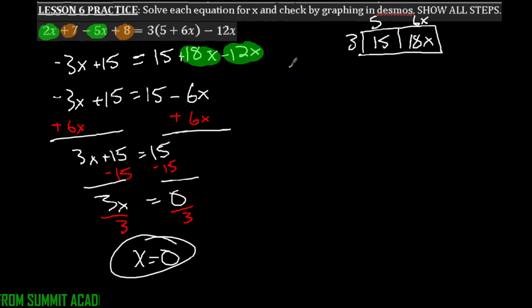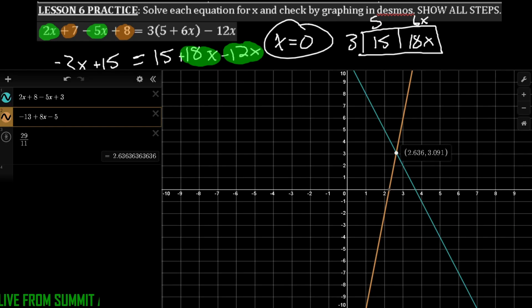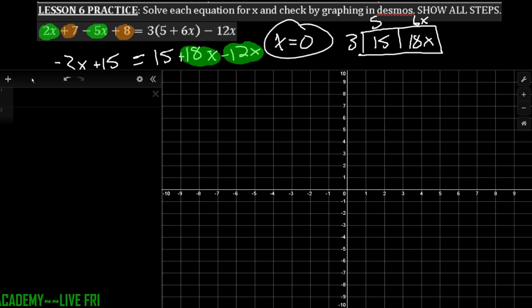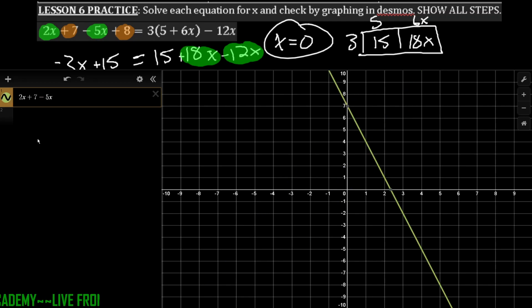So make sure you can write it for yourself. We're saying when x equals 0, it should be where our two lines meet. So let's type in our equation and clear these out. So we said our first equation is going to be 2x plus 7 minus 5x plus 8.